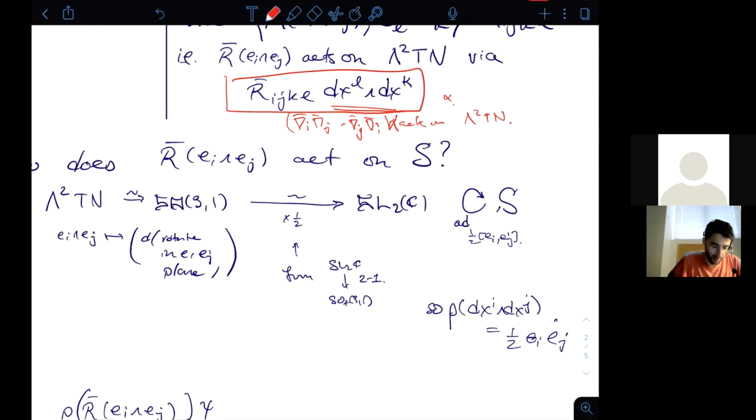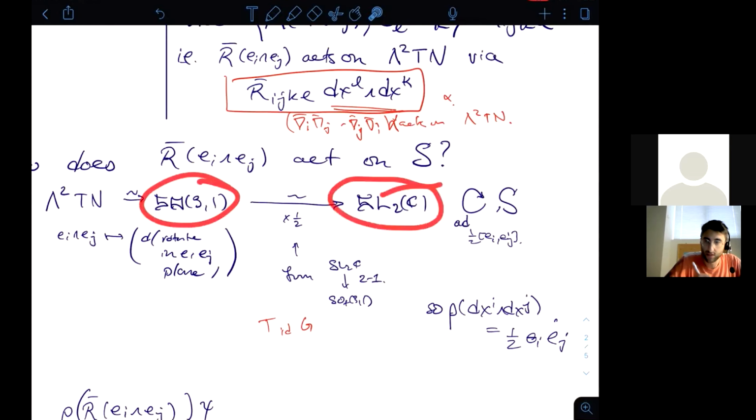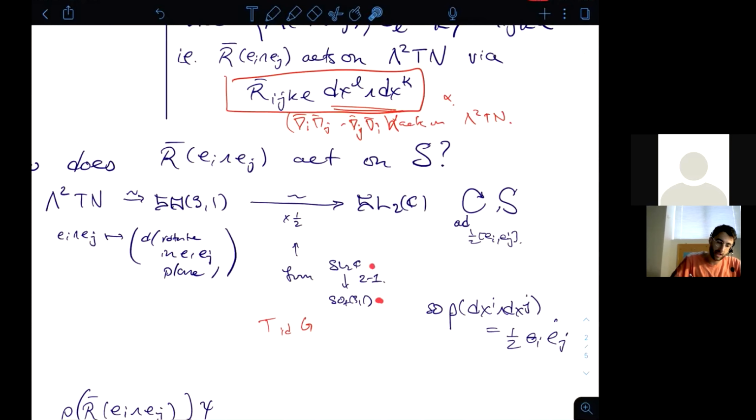Just to be clear about what I mean by Lie algebra, the Lie algebra is just the tangent space at the identity of the Lie group. That's what these objects are. Since it's a covering map, a local diffeomorphism, the tangent spaces you can definitely identify in a very strong sense.